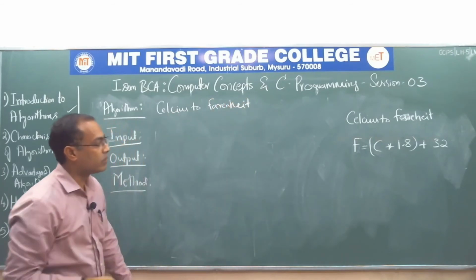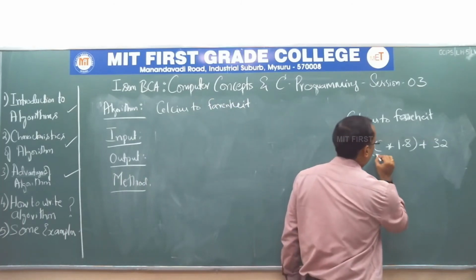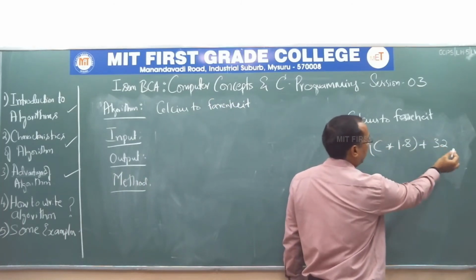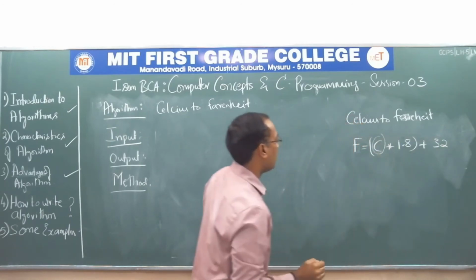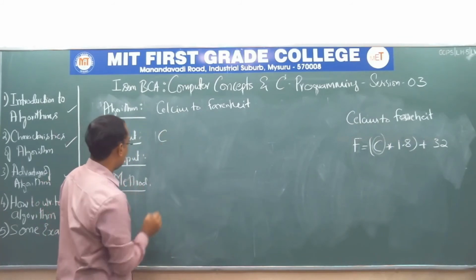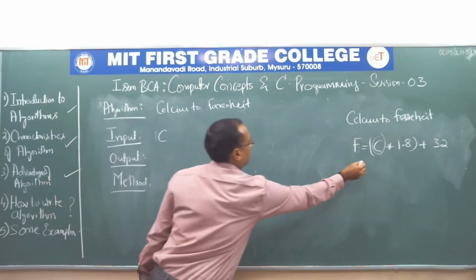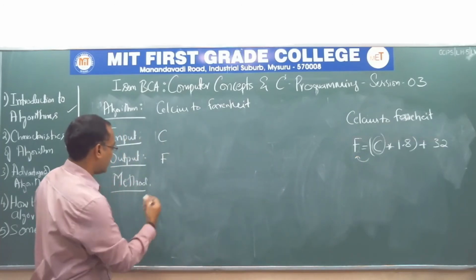What are the inputs? Look at the equation. On the RHS you have 1.8 and 32. These are all constants. The only variable you can see is C, which is the input. And what is the output? It is the LHS, F. What is the method?